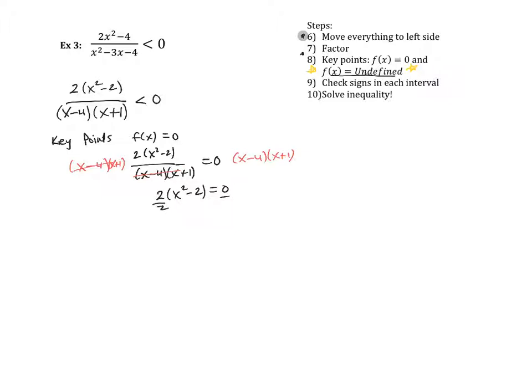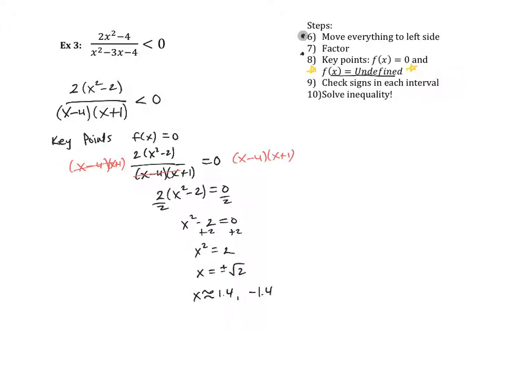And so solving that, I'd get x squared minus 2 equals 0. Add 2 to both sides. x squared equals 2, so x equals positive or negative square root of 2. So x is about 1.4 or negative 1.4.